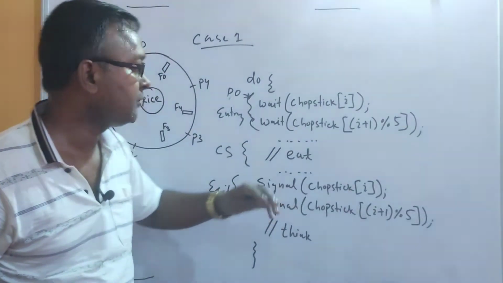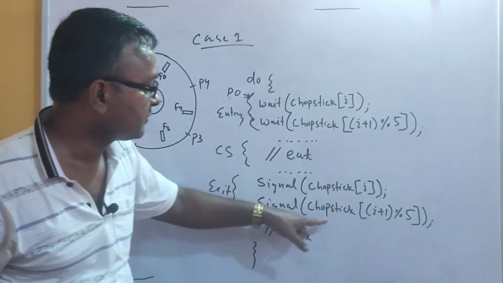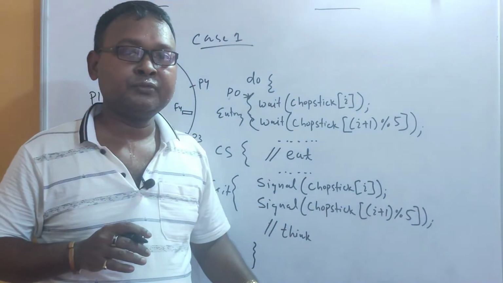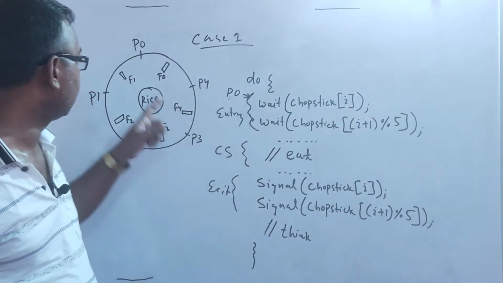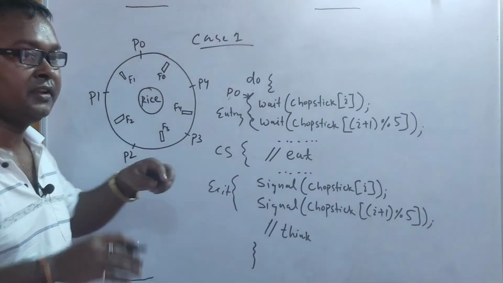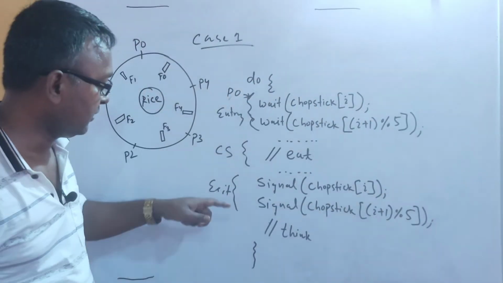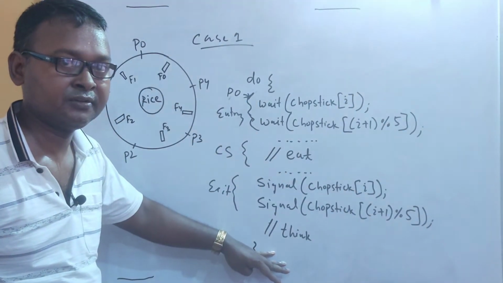Signal chopstick I, he will put the fork F0 from the left hand, then signal chopstick I plus 1, he will put the right chopstick on the table, that means F0 and F1 will be put on the table where they were, then he will be exiting out.